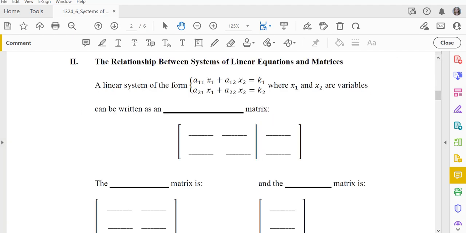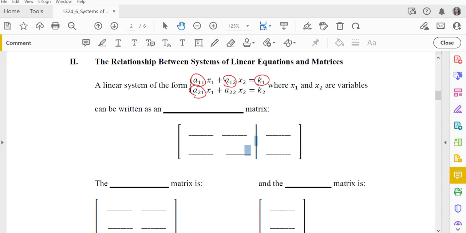So why are we talking about matrices? Let's look at the relationship between systems of linear equations and matrices. If you have a linear system, so 2 equations, you've got this number times x1 plus this number times x2 equals a number.